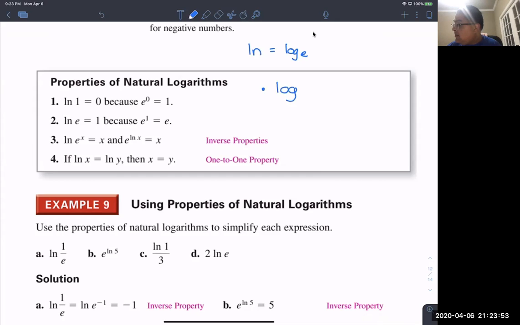A log without a specified base is understood to be log base 10, which is common log. And ln is log base e, which is natural log. And all of the properties that are true for any logarithm are true for common log and natural log as well.